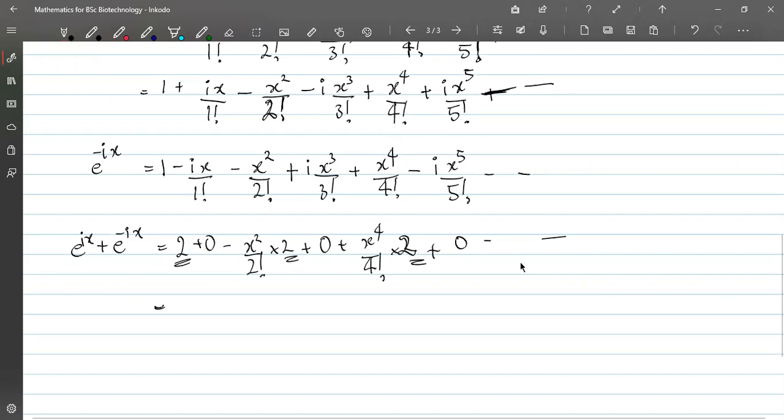So this is equal to twice 1, the first term. 2 I have taken out, so 1. 0 is there, ignore it. Second is minus x square upon 2 factorial, because again this 2 is taken out. Third is 0, ignore it. Fourth is again 2 taken out. So what remains is x to the 4 by 4 factorial.